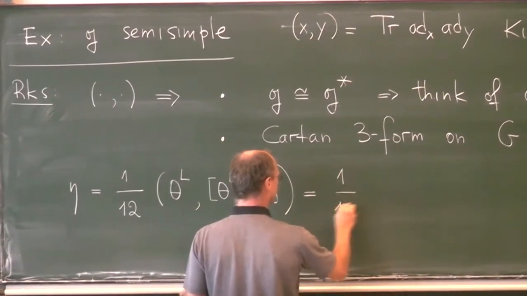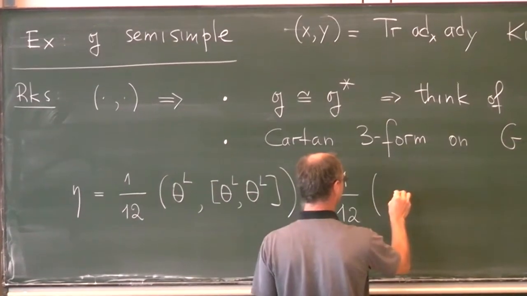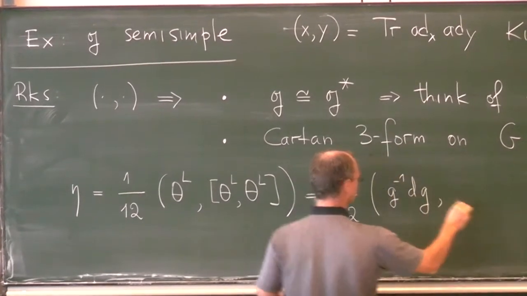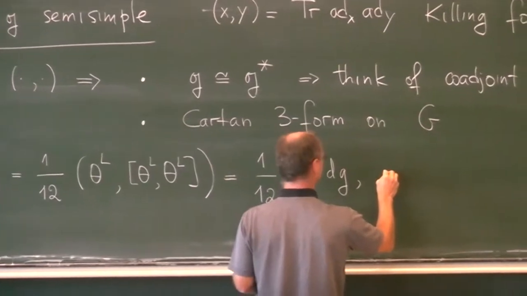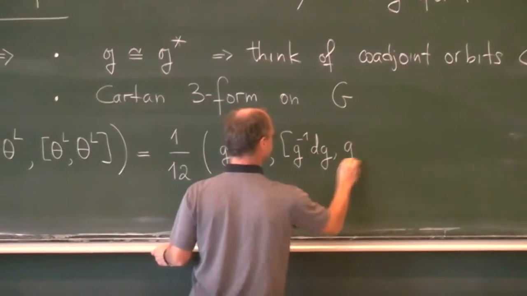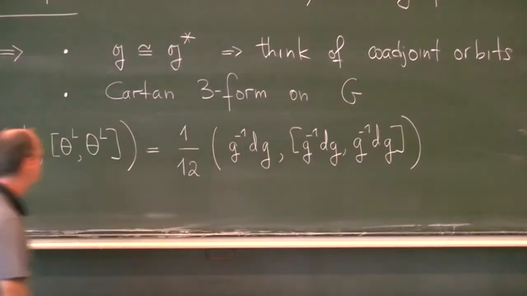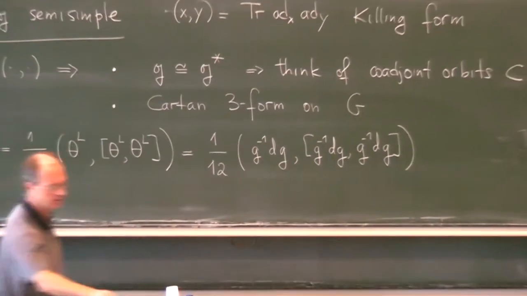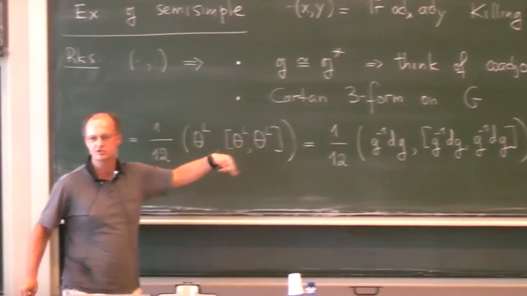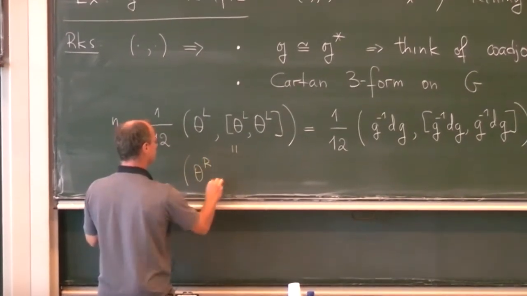In my bad notation, I can also rewrite it as g^{-1}dg paired with the bracket of g^{-1}dg and g^{-1}dg. In fact, if you want, you can replace left by right here, and it will still be the same form. So instead, you can write theta right.